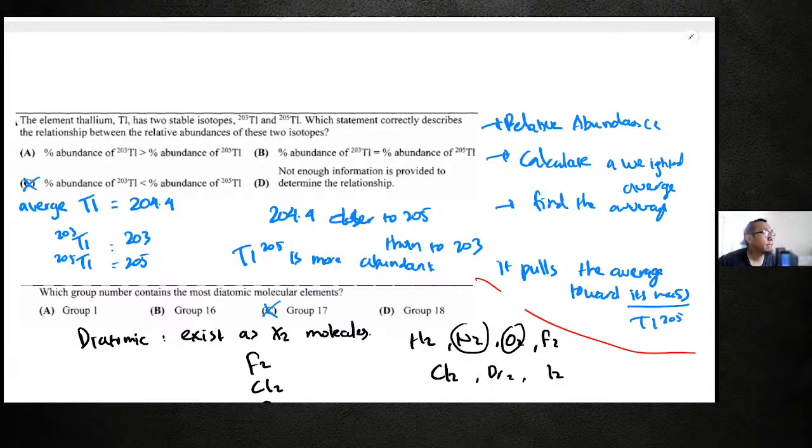So yeah, and then I want to take a look at the group itself. Okay, the periodic table by the group. I want to give you an example, like this is a group number.